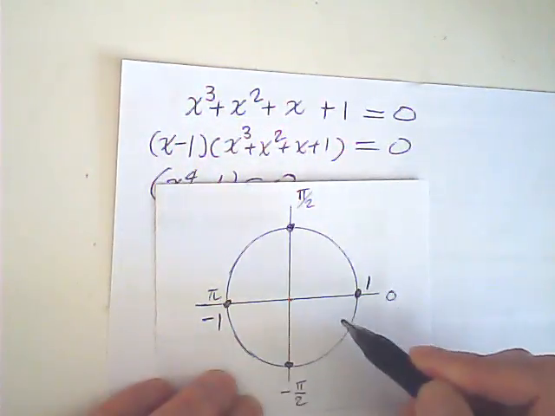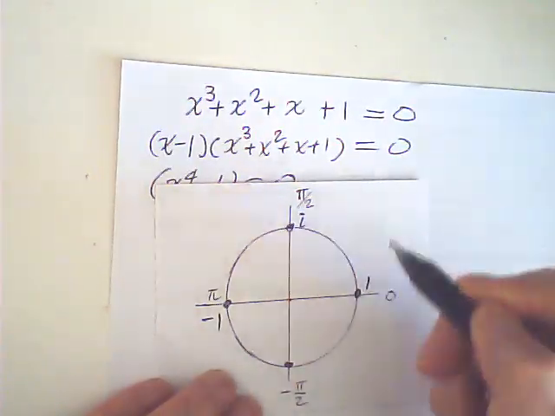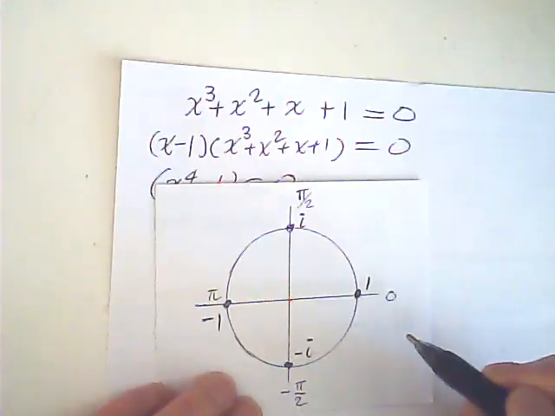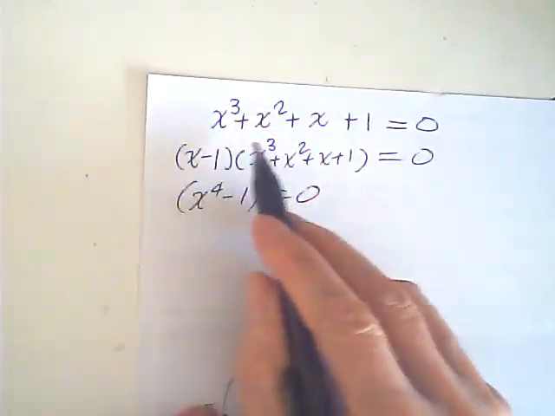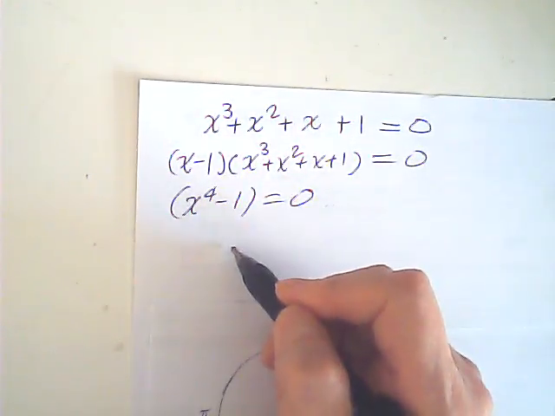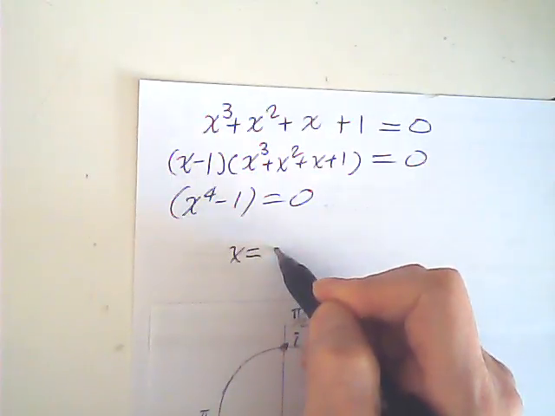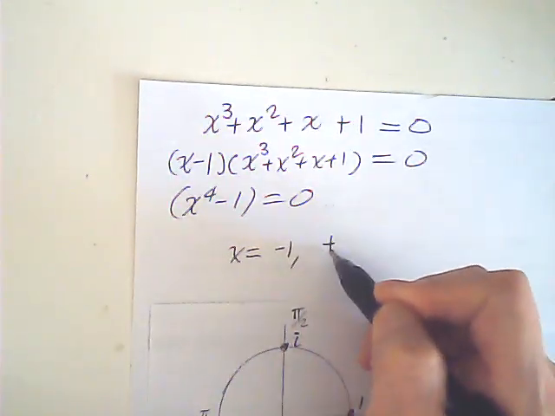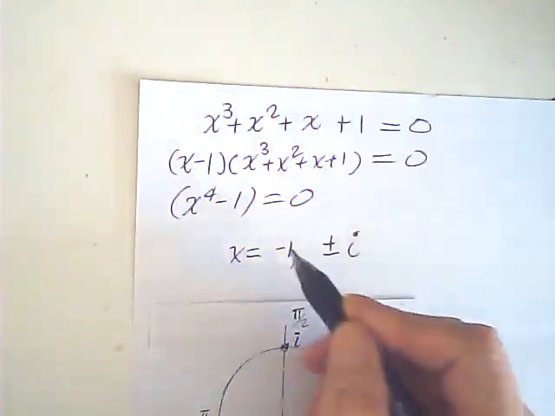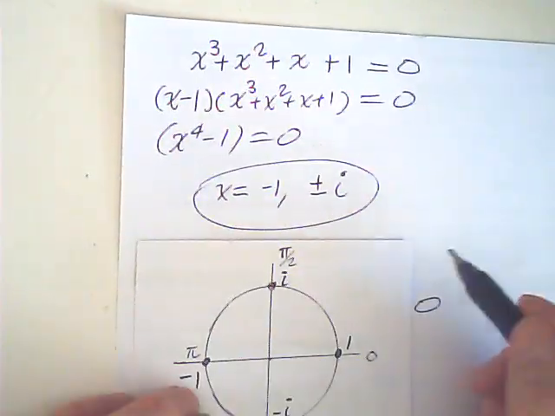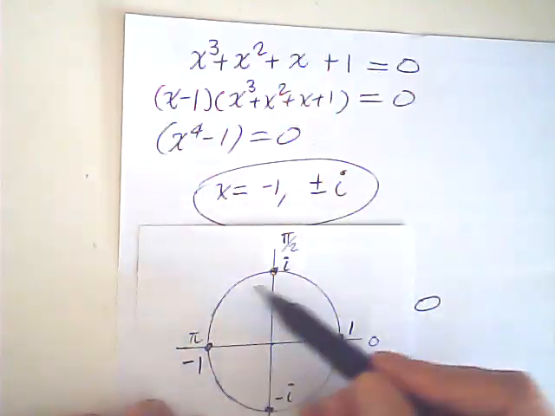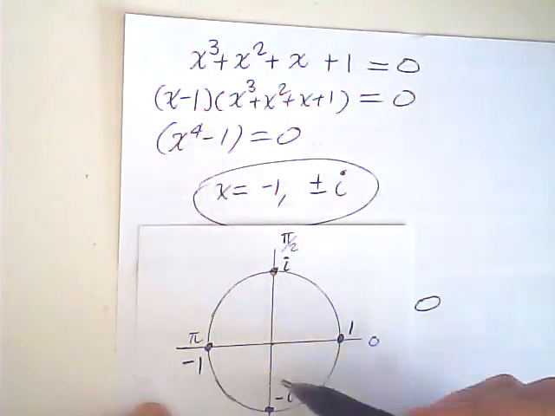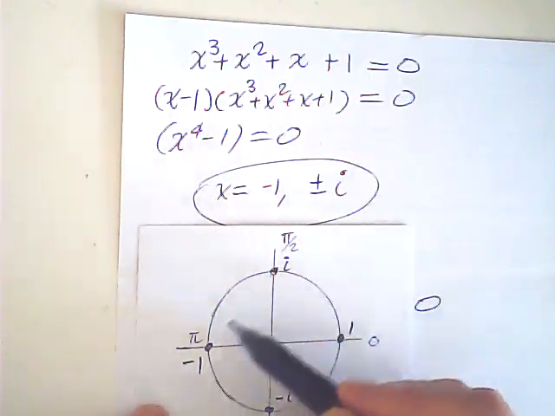It's negative 1. This is I. This is negative I. So the three solutions are x equal to minus 1 and positive or negative I. So these are 3 roots. We can simply see these 3 roots, 1, 2, 3.